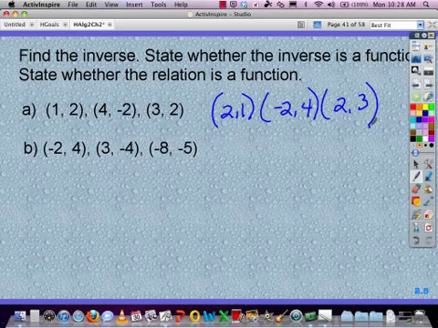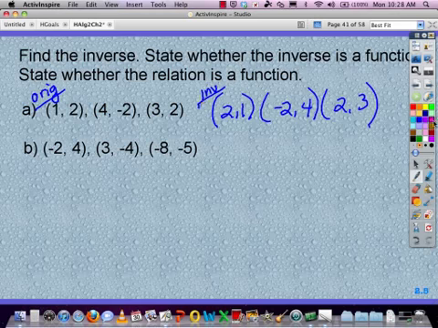That set of ordered pairs has to be tested to see whether it is a function. So this is our new, or our inverse, and we'll call this the original. So the original set and the inverse set. Now, when we look at that inverse set, and we're trying to determine if it's a function, 2 is paired with 1, negative 2 is paired with 4, 2 is paired with 3.